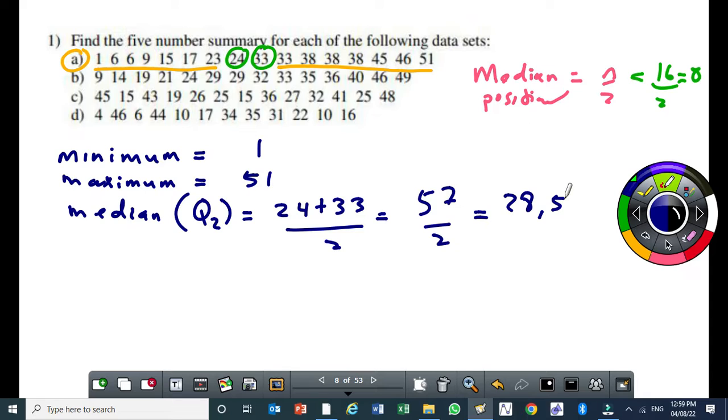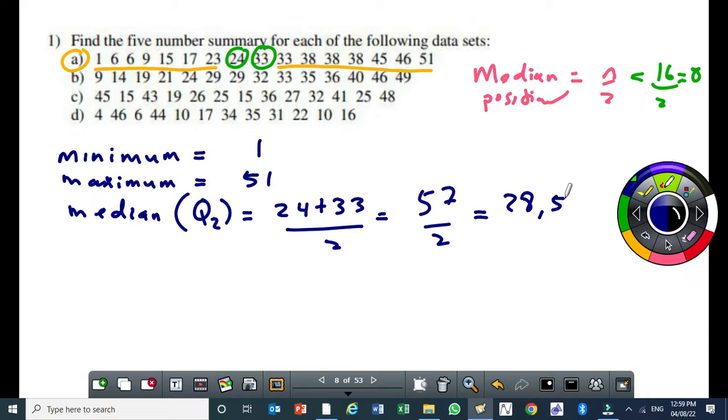Okay? Sorry for that. I'm going to repeat this. If you want to determine the lower quartile, you need to know that the lower quartile is the median of the first half of the data set.